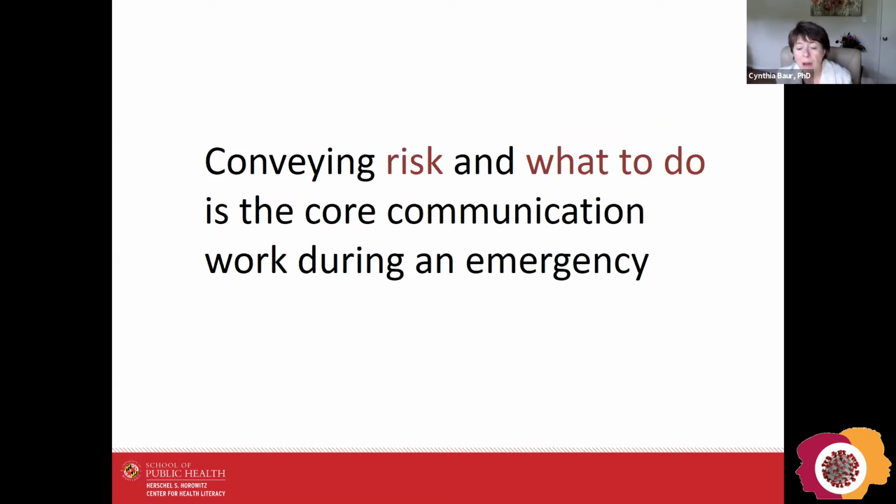So when you're thinking about risk communication, the essence of that is effectively, successfully conveying what the risk is and then the actions that people can take. This is the core work that we have as communicators during any crisis or emergency event. If we are not communicating in a way that helps people feel more confident and more prepared, then our risk communication efforts are failing. In health literacy work, we always talk about people being under stress or having an emotional reaction to different kinds of health information.